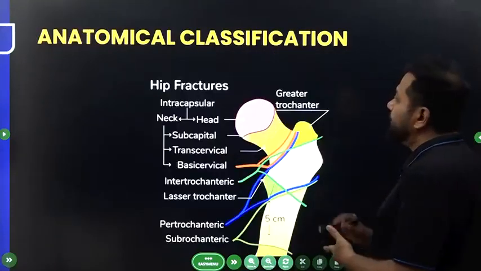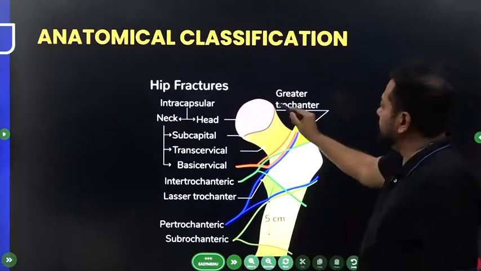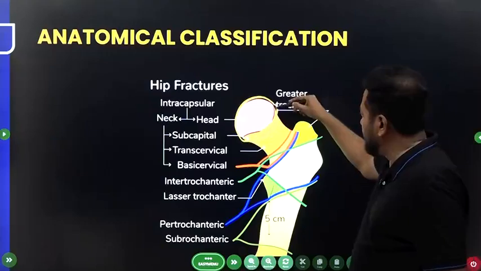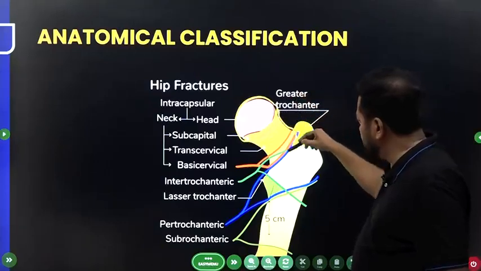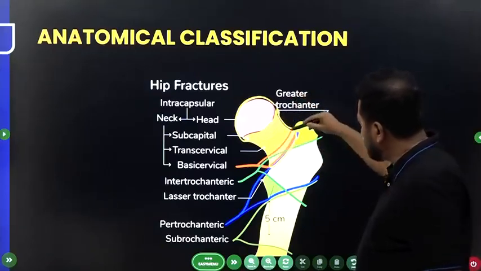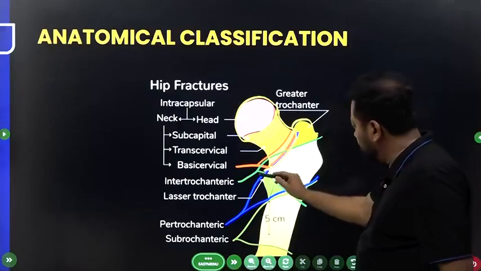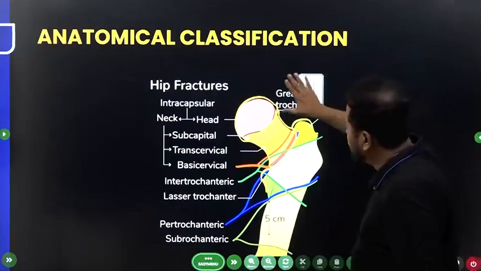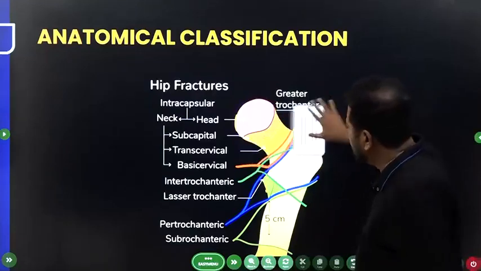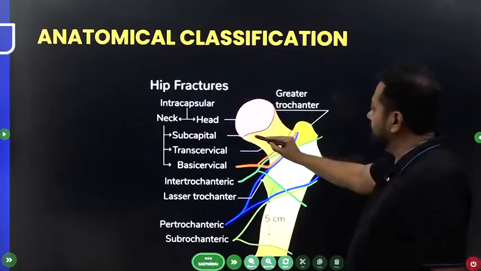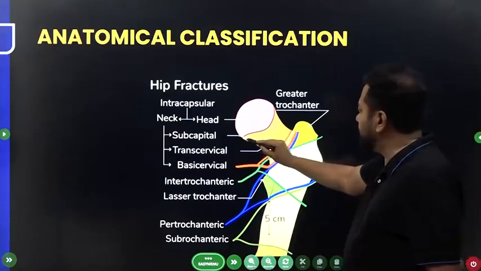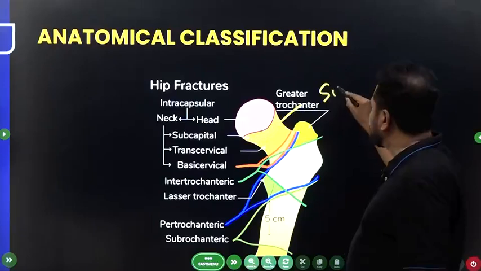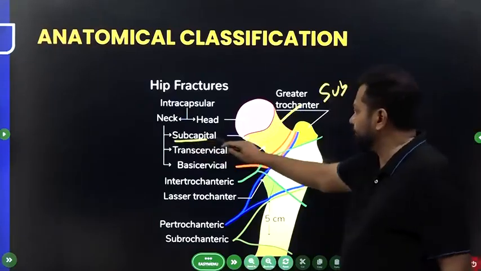Next thing is anatomical classification. This portion is the head. This portion is the neck. This is the greater trochanter. This is the lesser trochanter. When a fracture happens just below the head, this is called subcapital.